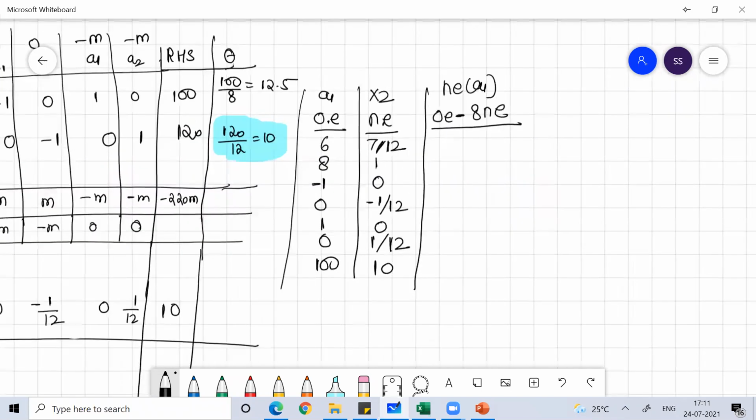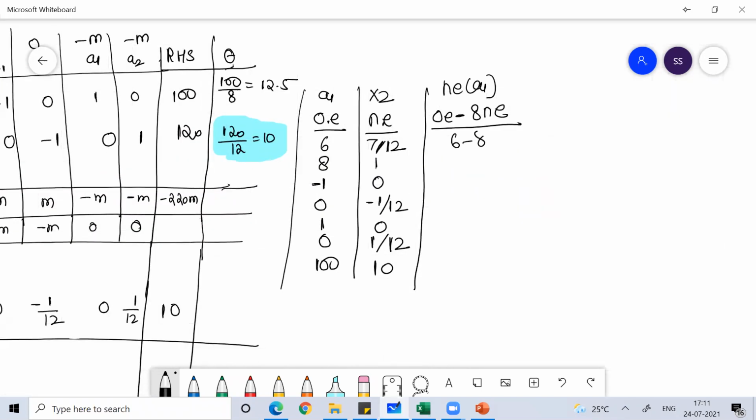So guys, if you solve this, this is 6 minus 8 into 7 by 12. This is 6 minus 2 by 3 into 7. This is 6 minus 14 by 3. This means 4 by 3.